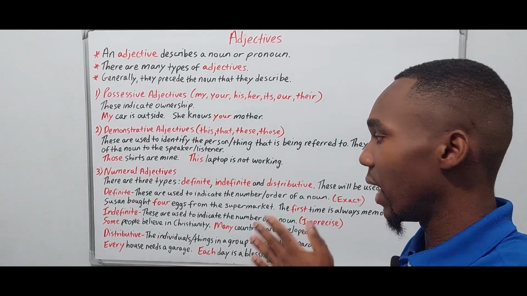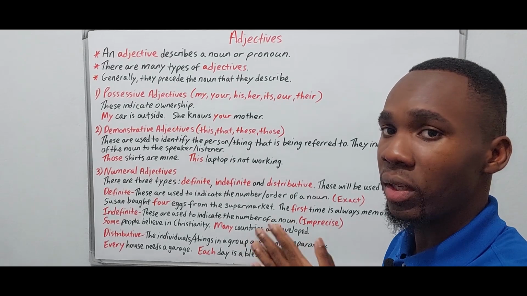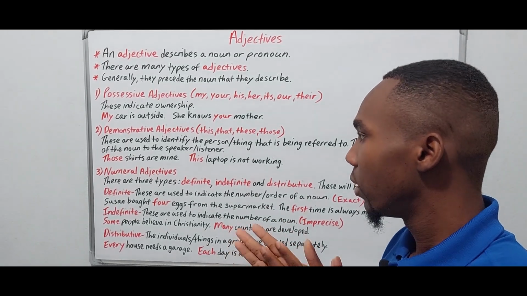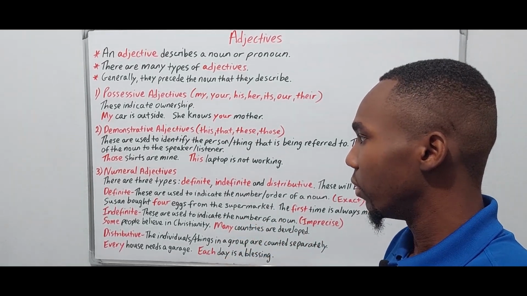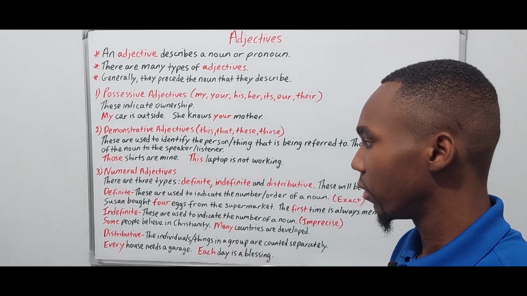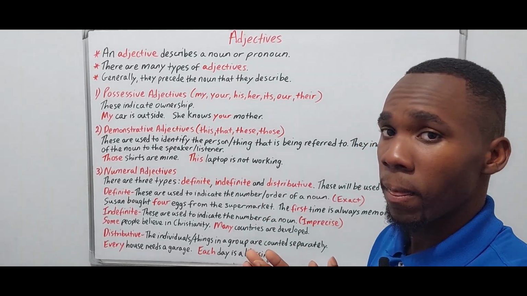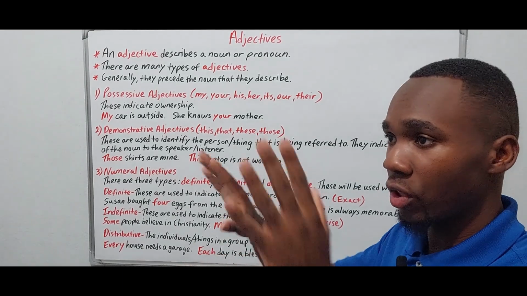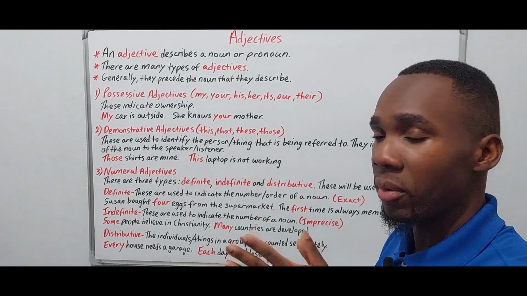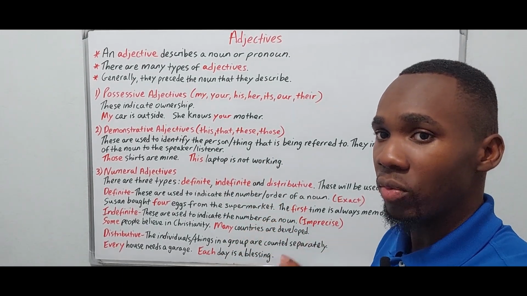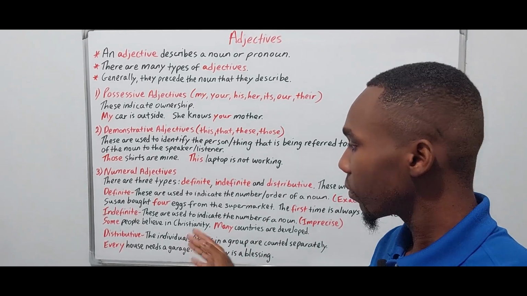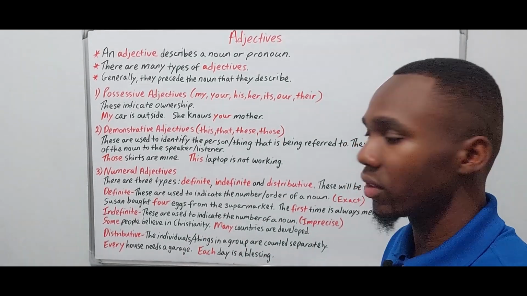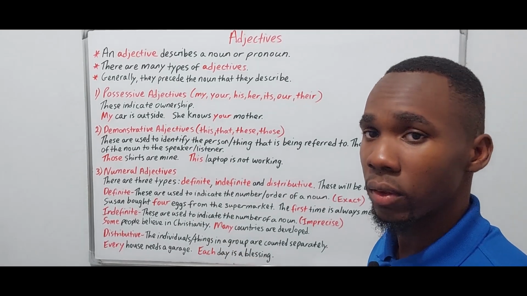And you would realize that it is singular when it comes to distributive numeral adjectives. It will be singular. Yes, it refers to a group, but every member of the group will be counted separately, okay? So every house needs a garage. This is talking about houses in general, okay?